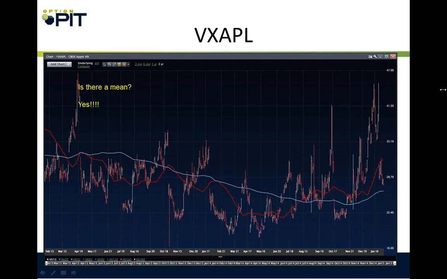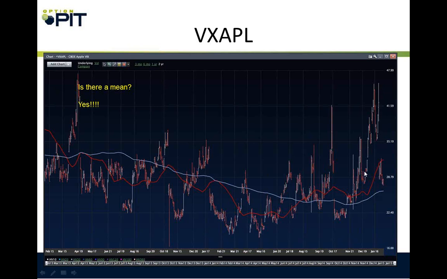Meanwhile, VXAPL, which is the VIX of Apple, has, you can see, obviously it does move around some, but if I pull this back enough, we could put a 1,000-day or a 1,500-day moving average, and it would be almost dead flat.